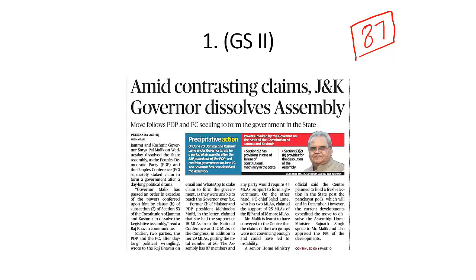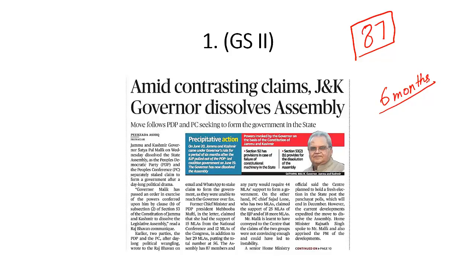Now from the polity point of view, what you need to understand is that Jammu and Kashmir enjoys a distinct constitutional status in the scheme of things in India. Unlike other states where there is president's rule, in Jammu and Kashmir there is a governor's rule initially for a period of 6 months. This governor's rule is imposed on the grounds of breakdown of constitutional machinery according to the constitution of Jammu and Kashmir.